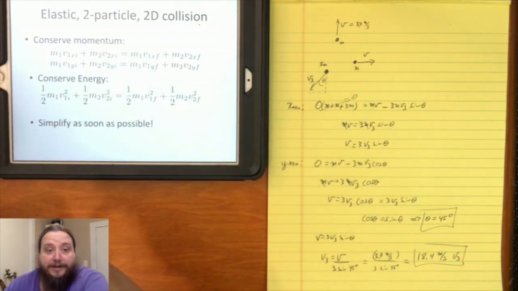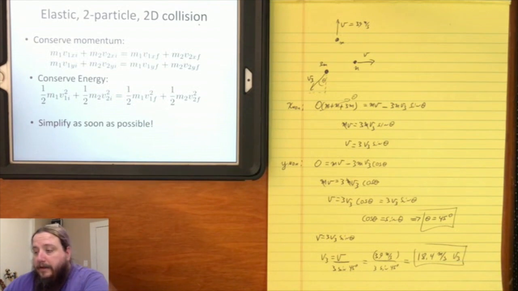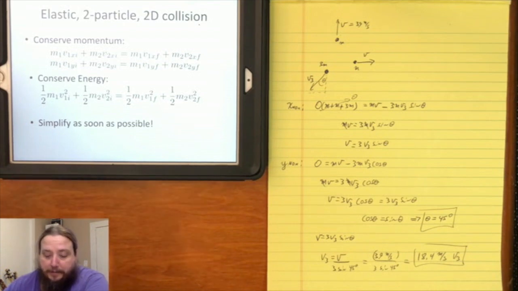If any of those velocities are zero, hallelujah, because that'll blow holes in some of these terms. But in general, solving multidimensional elastic collision problems is always an algebraic nightmare. So go slow, be prepared to blow lots of paper.